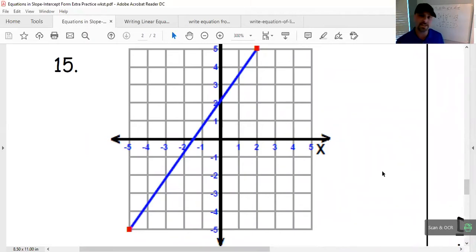Think about what I said earlier about what two things you need to graph or to find an equation of a line. You only need two things, and if you can get those from the graph, then you can write the equation. So go ahead and pause your screen, see if you can do it. I'm going to pause my screen and draw a grid here so that I can go over this with you real quick. So give it a try.